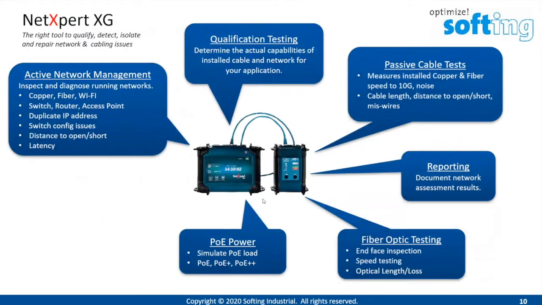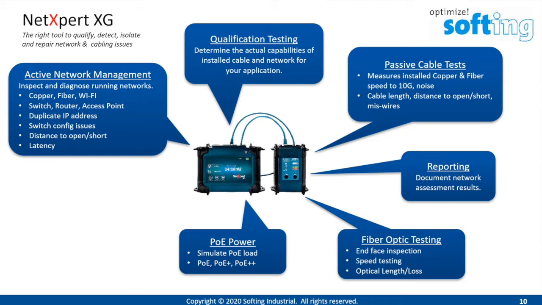So our NetXpert XG, of course, meets all these requirements. It was engineered and designed to be much more than a cable or wire continuity checker, but not a high-end certifier, which has its own place but is different, in that realm of providing very functional, practical tools to quickly fix problems.